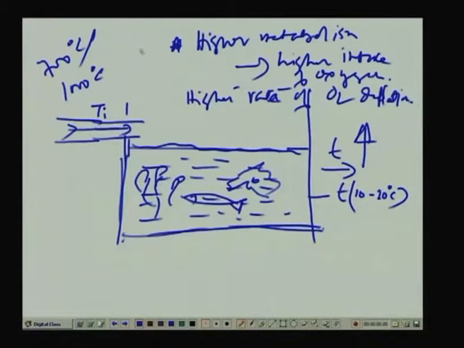This is number one reason. If you just see, there is a second reason here. If you just observe the second reason, a higher rate of oxygen depletion would take place.